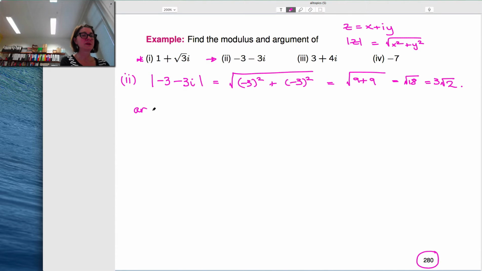The argument of z is theta, such that tan theta equals y over x, so that's our general way of finding the argument.